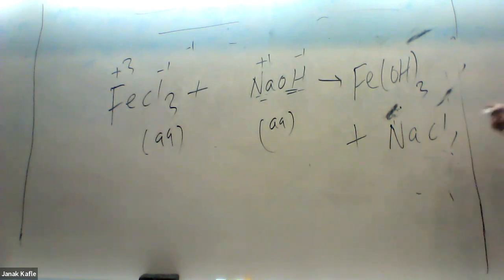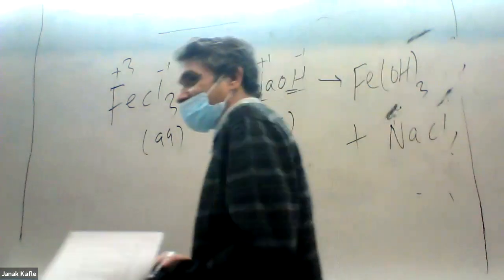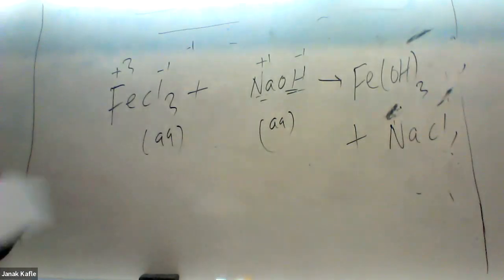Now let's look at which compound is soluble. NaCl and Fe(OH)3, are they soluble or not? Let's look at NaCl. Here is Na, here is Cl. NaCl is clearly soluble, the green button here. Now Fe(OH)3. Fe here, where is OH? OH here. So let's go and find Fe and look here.